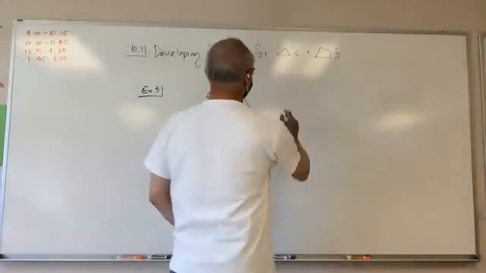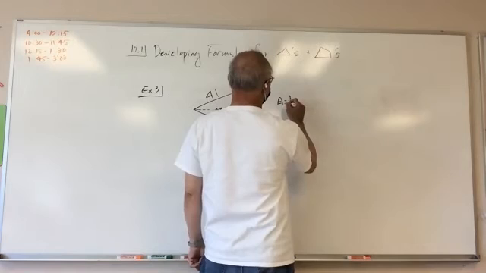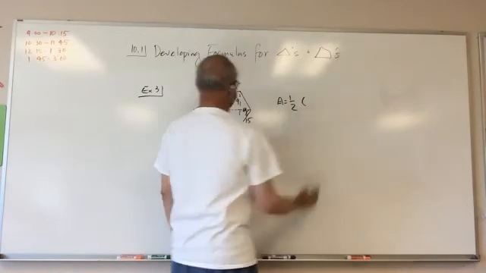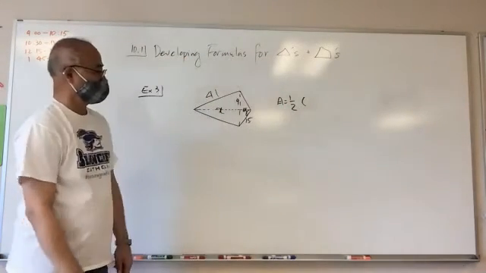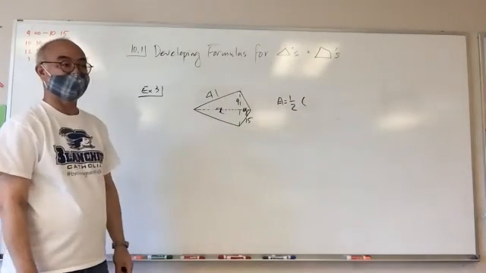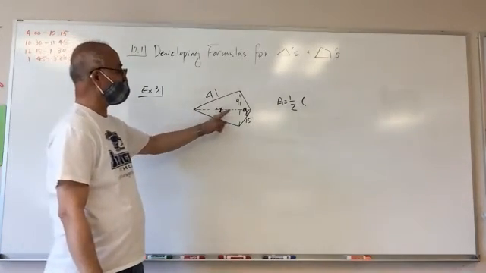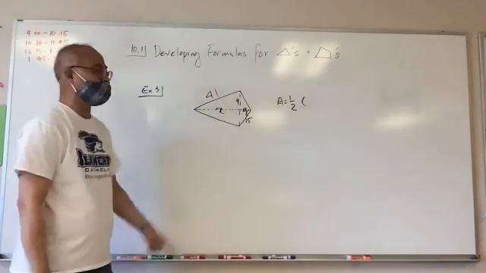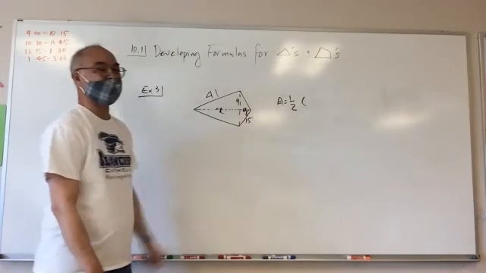So the area of the kite is going to be equal to 1/2 this diagonal times this diagonal, right? Okay, so I need to find out what X and Y are and add them together to find this diagonal.